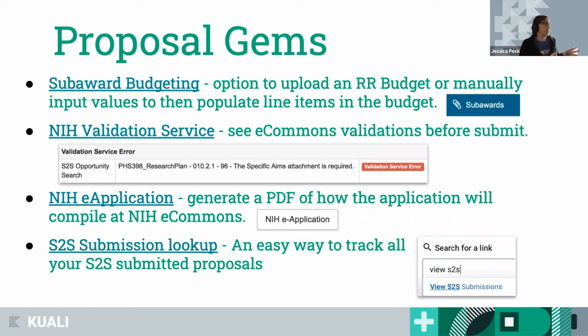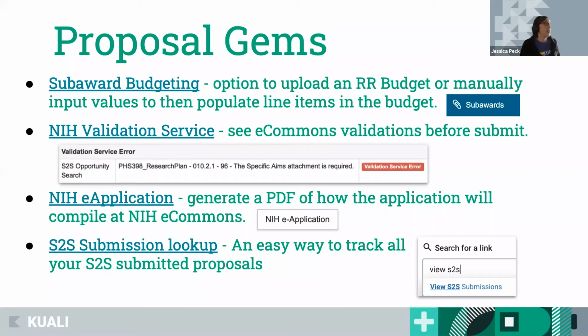So what this allows you to do is retrieve those validations before you even submit the proposal. And that's directly via the eCommons API backend that gives the same validations you would see if it was submitted, but beforehand. So you can avoid it getting rejected with errors because you can see those up front.